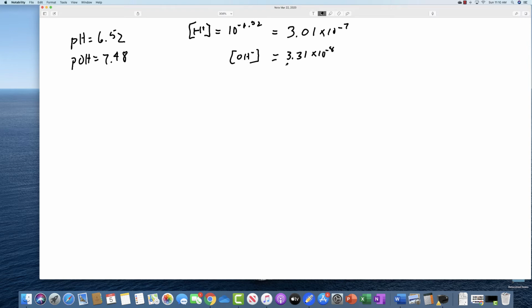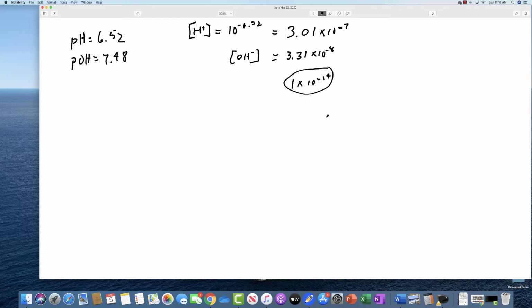Now to check your answer, if you multiply these two numbers together, you should get 1 times 10 to the minus 14. And if you don't get that, then you made a mistake. Because remember that the hydrogen ion concentration times the hydroxide ion concentration has to always equal 1 times 10 to the minus 14. Okay.